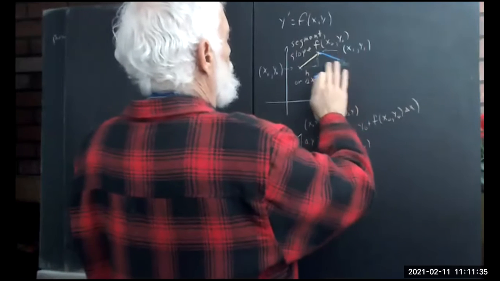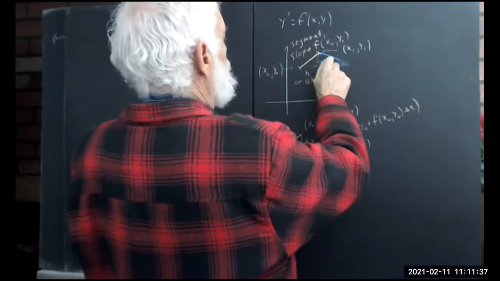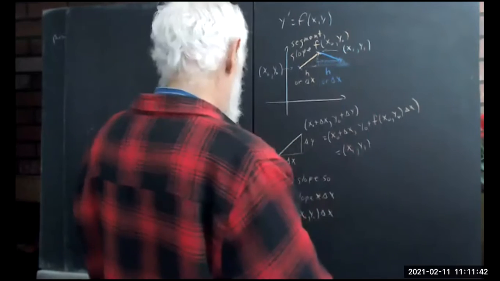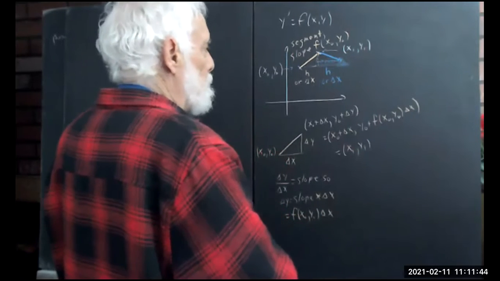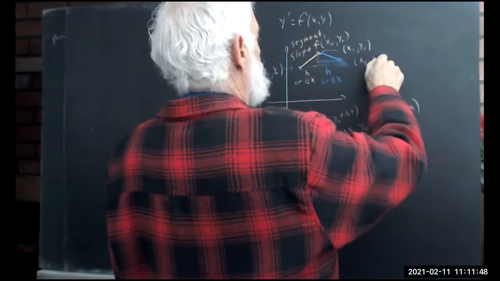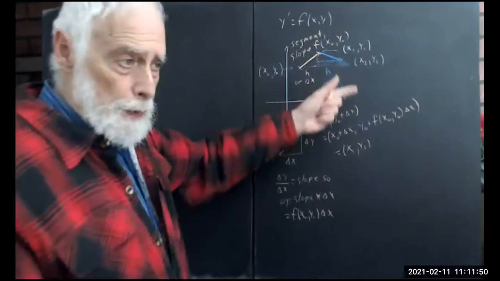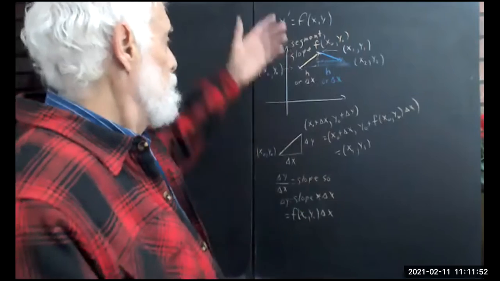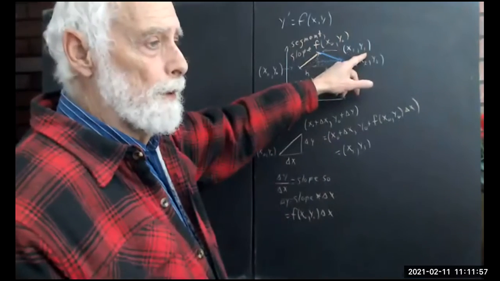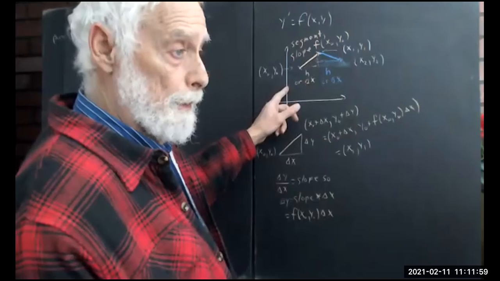I went too far. There's no reason to do that. Okay, so here we have it. And we get a point x2, y2. How do we get this point? Well, we get this point by doing the same thing with x1, y1 that we did with x0, y0.